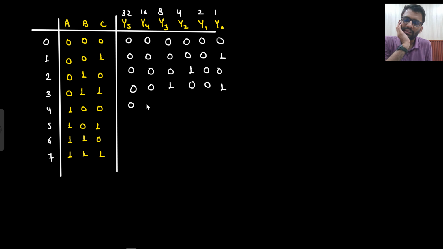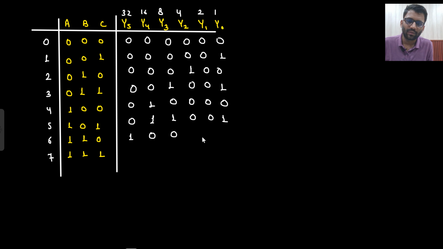Square of 4 is 16. Square of 5 is 25, so 1 1 0 0 1. 16 plus 8 is 24, 24 plus 1 is 25. Square of 6 is 36, so 32 plus 4.